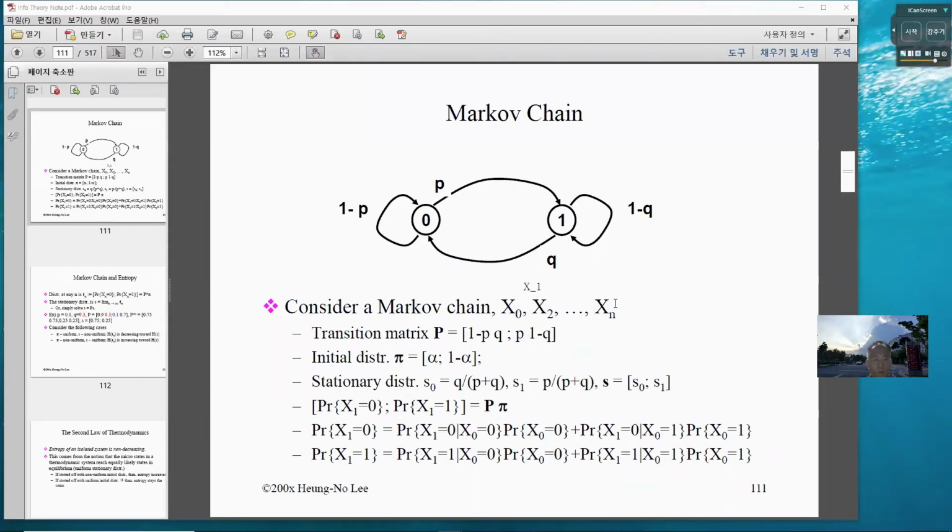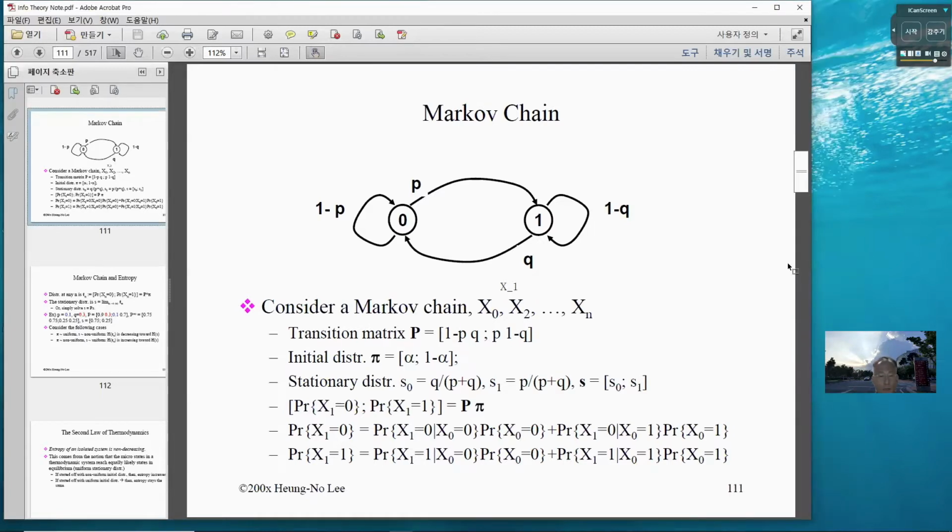Now I want to talk about Markov chain. All right, so let's consider binary state Markov chain. There are two states, 0 and 1, and this graph tells you the jumping probability.